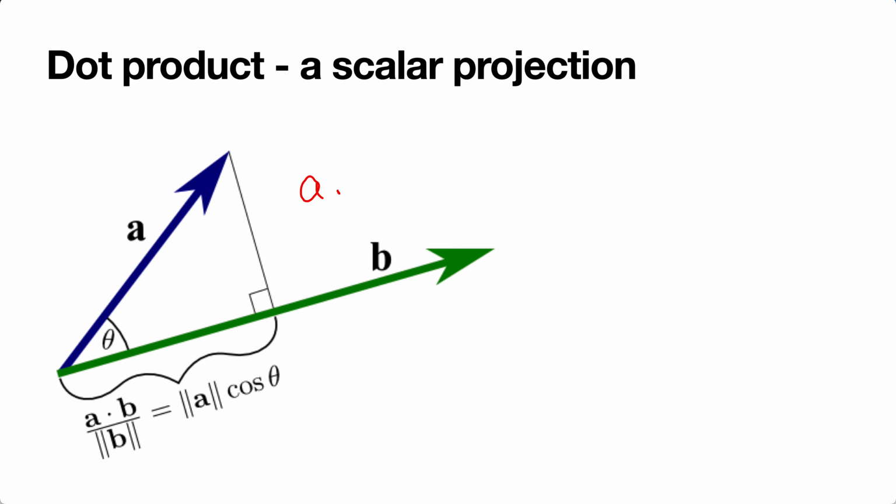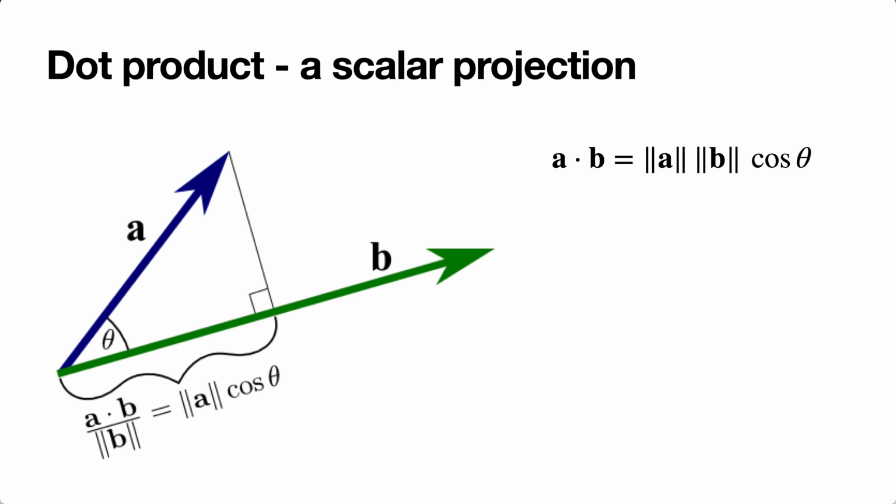Okay? Like A dot B is unnormalized. A dot B is in units of the size of vector B. So you can see that more clearly if we look at one of the definitions of dot product. A dot B is equal to the magnitude of vector A, the magnitude of vector B, all of that multiplied by the cosine of the angle in between them.